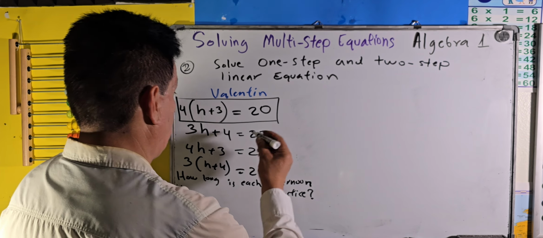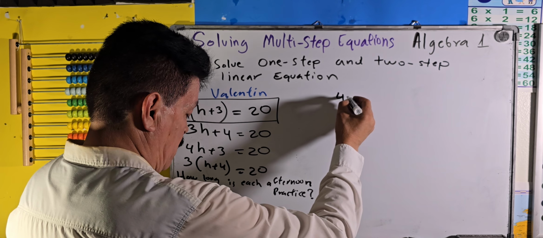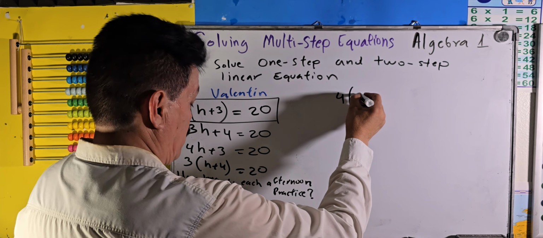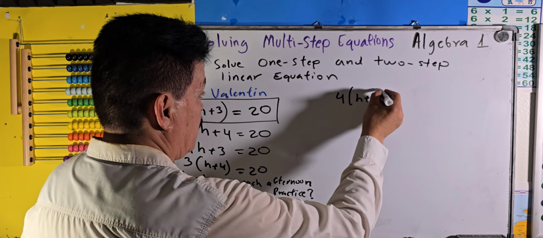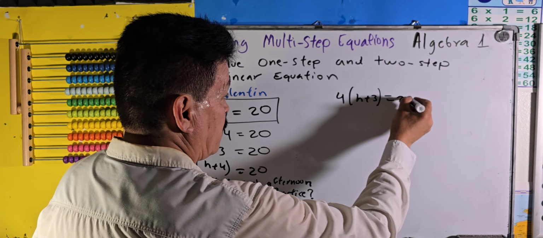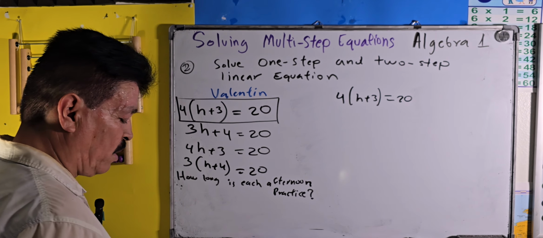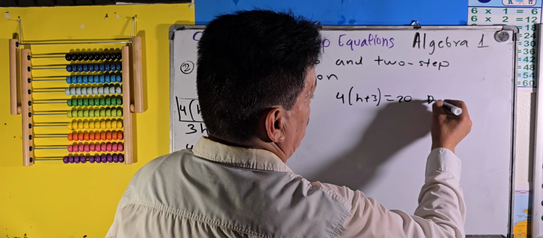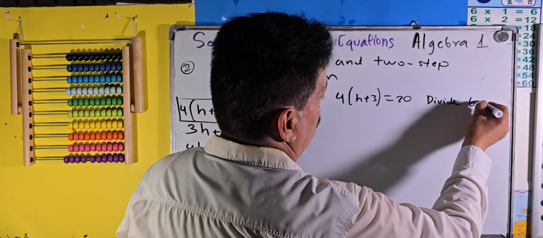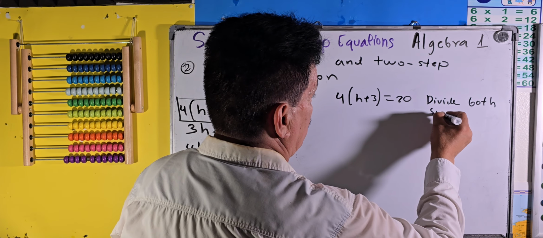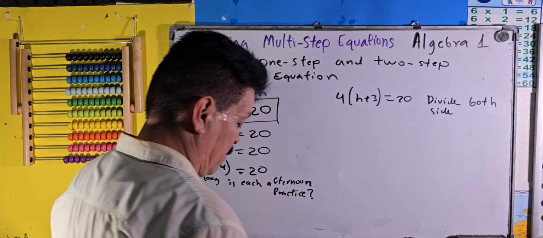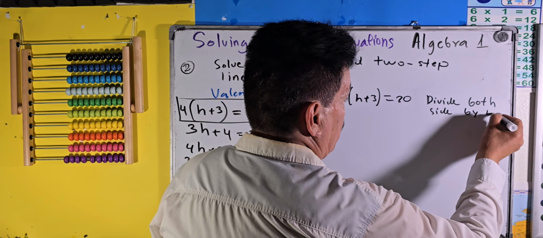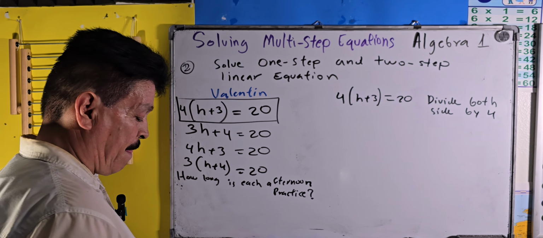Let's write the problem. We have 4 times (h plus 3) equals 20. So now we have to divide both sides by 4. Remember, both sides, by 4 here in our problem.